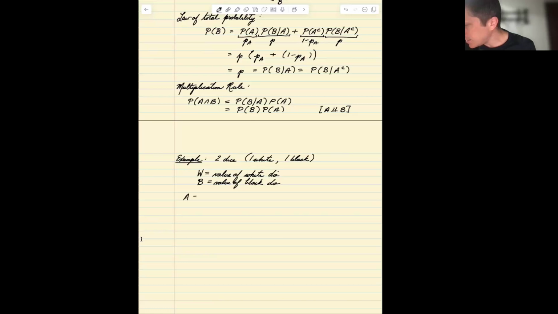And we define A to be the event that the two dice add up to 6. We can express this event explicitly if we want.